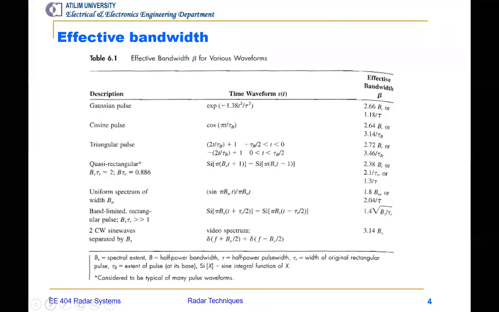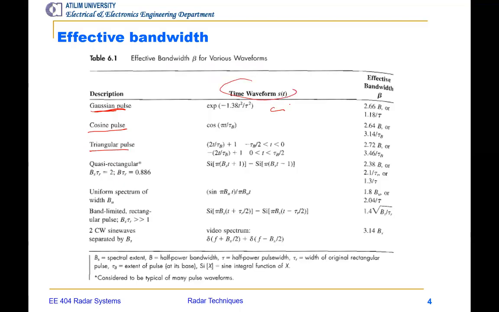So now we can think about which waveforms will be more appropriate for reducing RMS error in range. Here is a list: Gaussian pulse, cosine pulse, triangular pulse, each with a time waveform shown here, and the effective bandwidth right here. Remember that RMS error was proportional to 1 over beta.